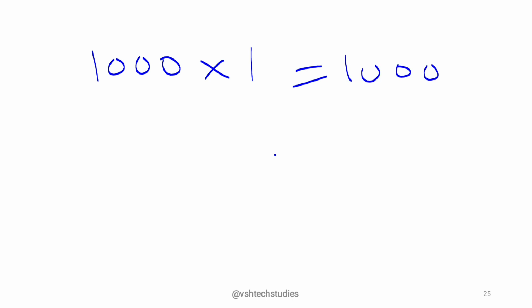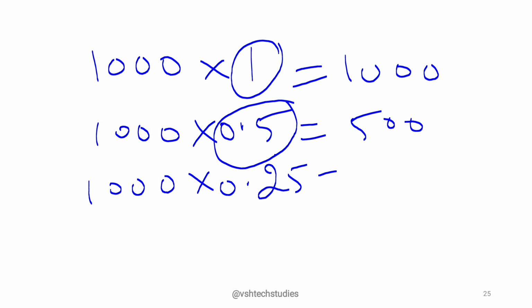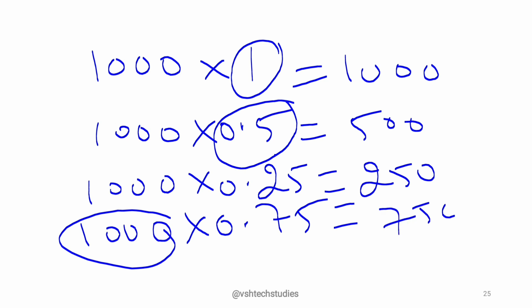Next, if 1000 rupees are there, so decimal 1 gives 1000. Then 50% means 500, and 100% gives 1000. If 1000 rupees are there, 25% means it is 250. And 0.75 means 75%, so 75% of 1000 is 750.